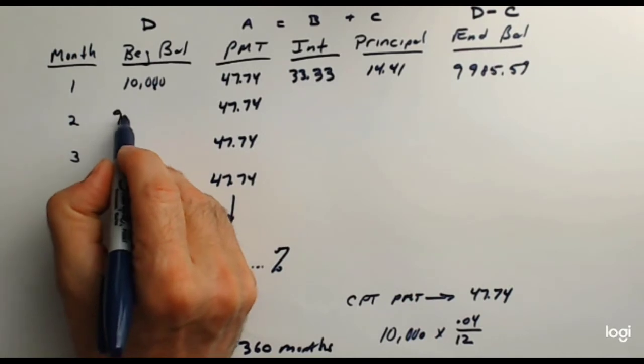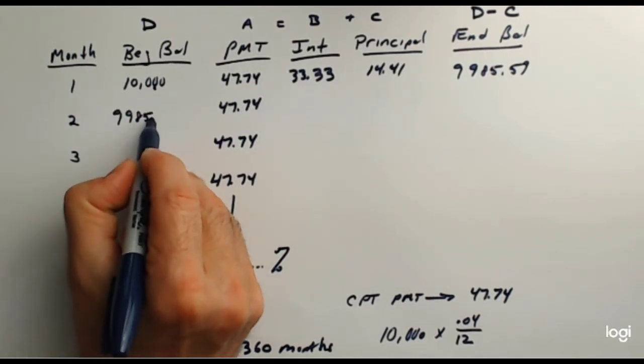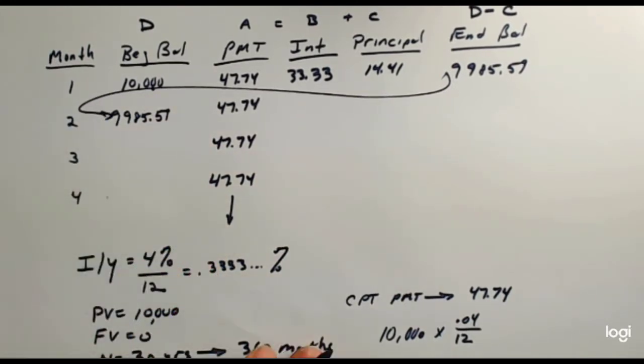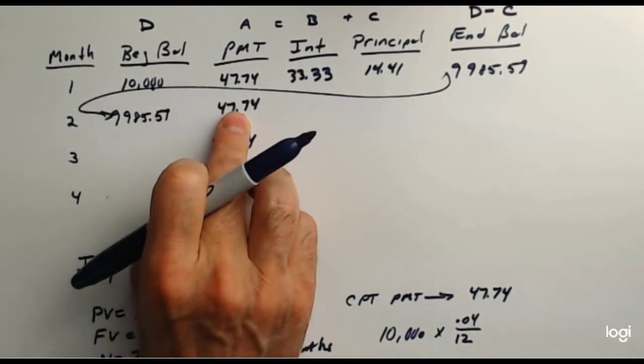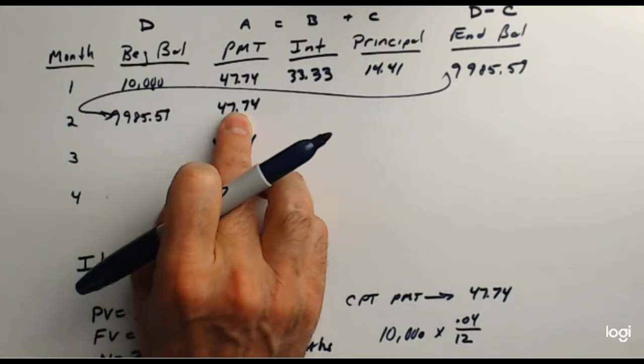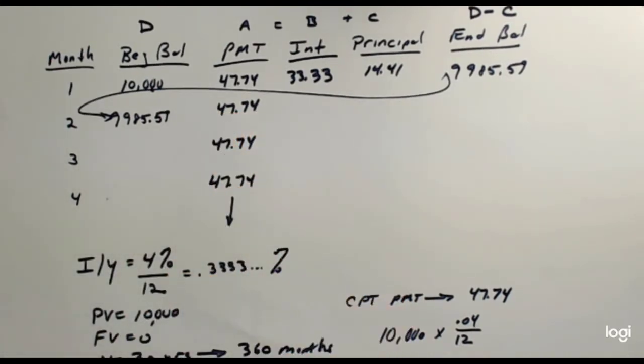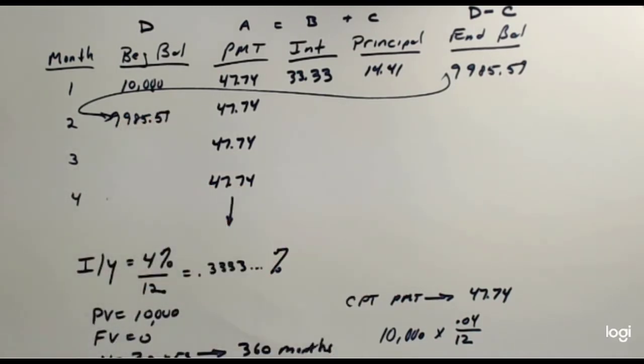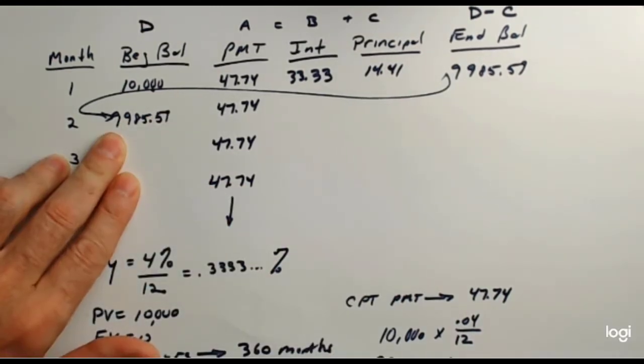Now, the ending balance for month 1 will be the beginning balance for month 2. So just carry this over, bring it right over. There it is. And now we're going to make this payment, $47.74. And now we need to figure out the interest. Well, the interest is going to be based on the new balance times 0.04 divided by 12.